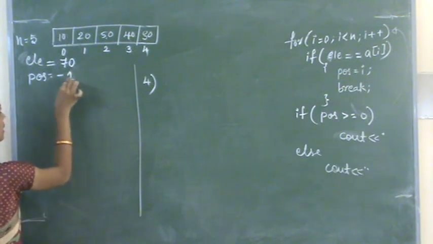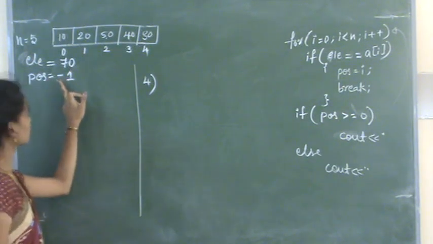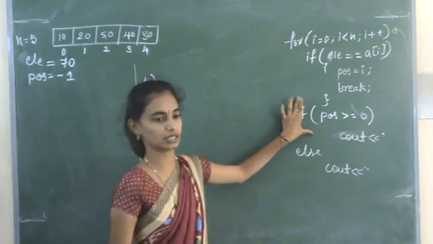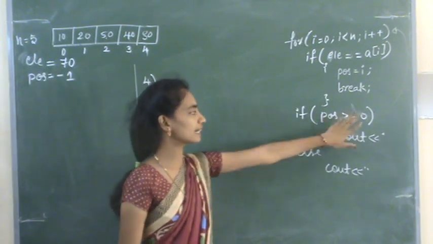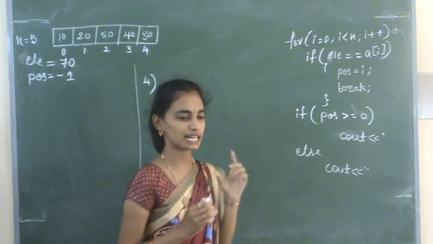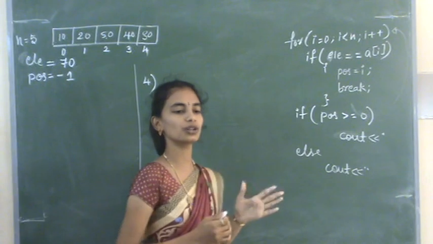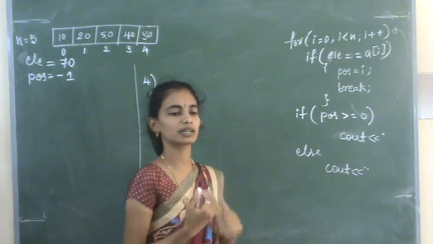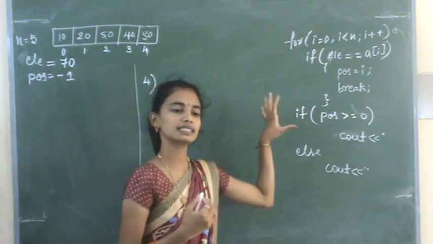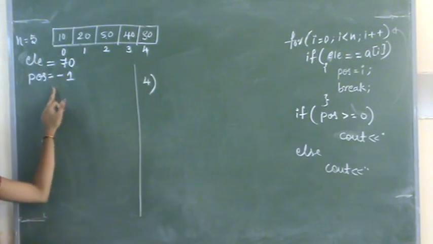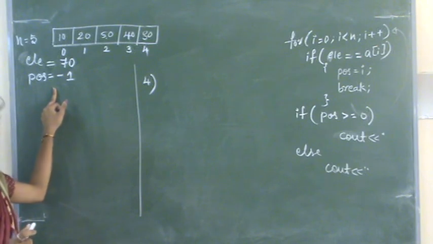Initially we are assigning minus 1. So this is initialized at the beginning to check this condition. If it is greater than or equal to 0, because the array starts with 0, then only we will consider that the search element is present in the array. For that we are assigning position equals minus 1.